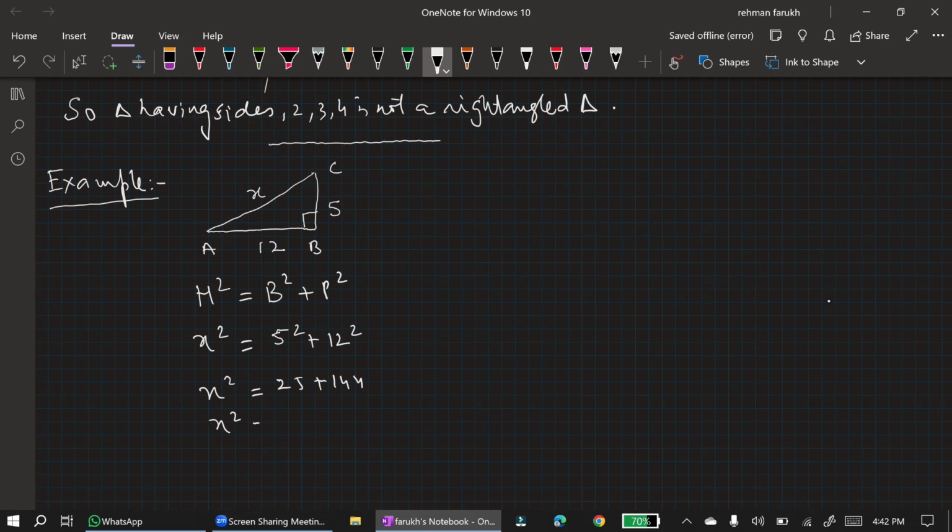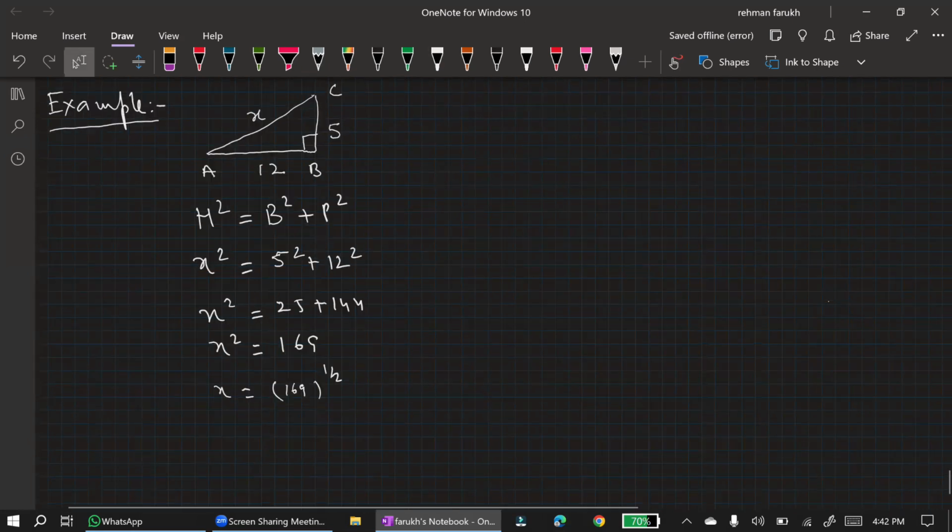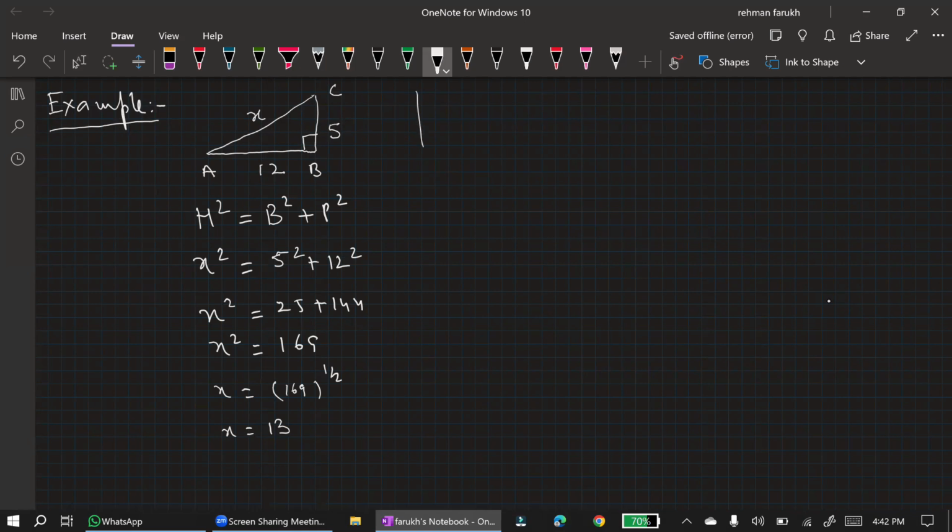X square is equal to 169. We will shift the power to the other side, and it will become square root. Square root of 169 with the help of a calculator: X is equal to 13 is the answer for the unknown side, the hypotenuse. Now, another example.